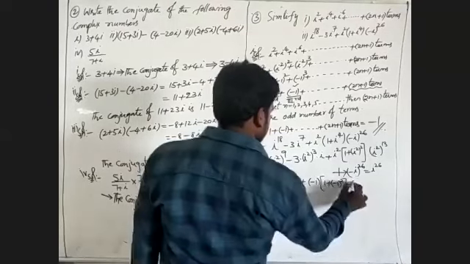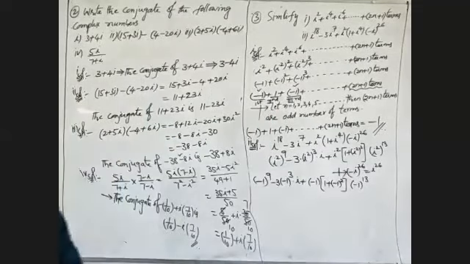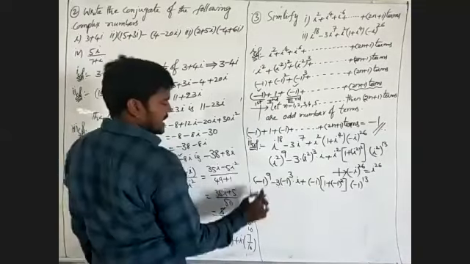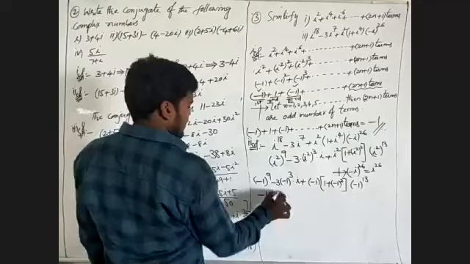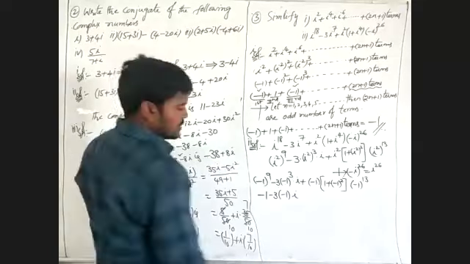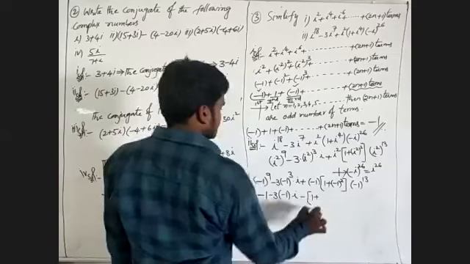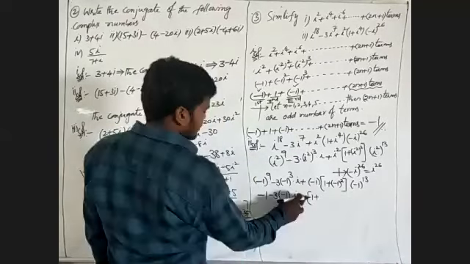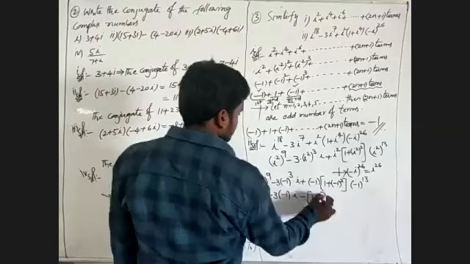The remaining is minus 1 whole power 13. That means minus 1 whole power 9, an odd power, is minus 1. Minus 3 into minus 1 whole cube is minus 3 into minus 1, and the remaining is i. Plus into minus becomes minus. The remaining is 1 plus minus 1 square, which is 1.